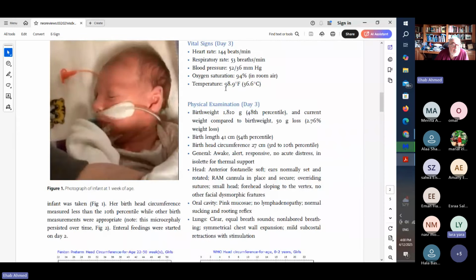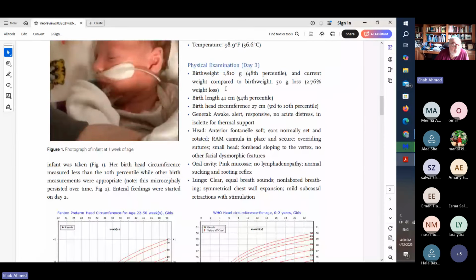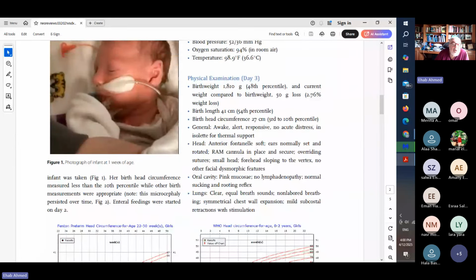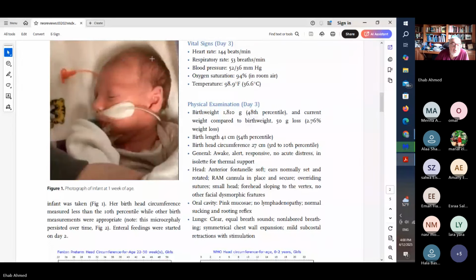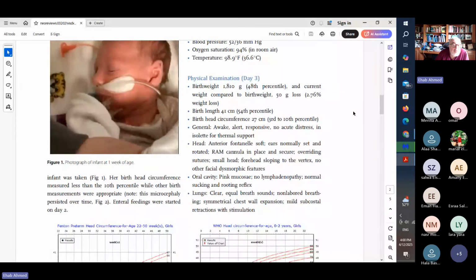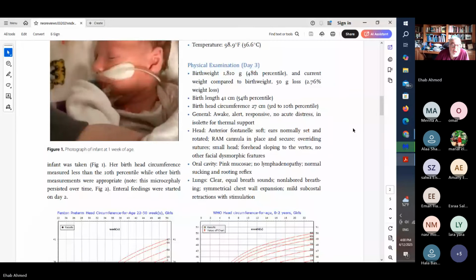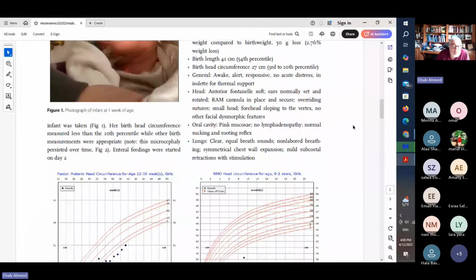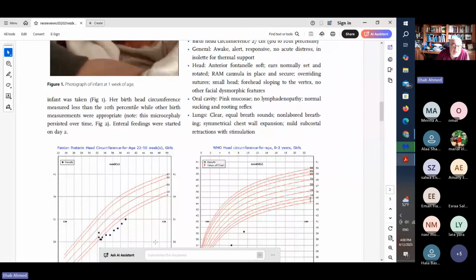Let's go to our problem. This is the baby, and her birth head circumference was less than the 10th percentile, and then dropped below the third percentile also.